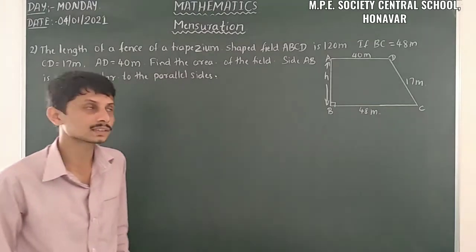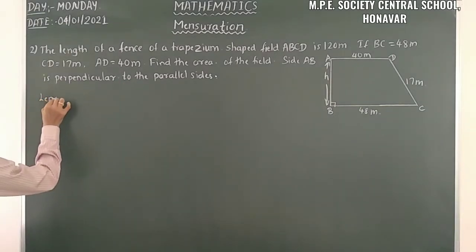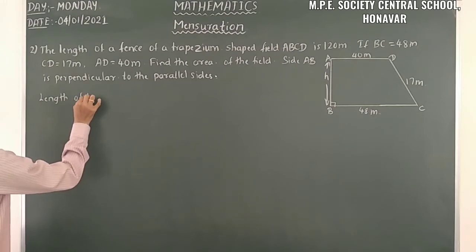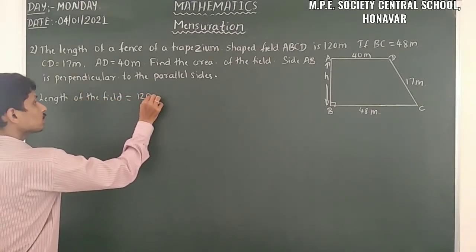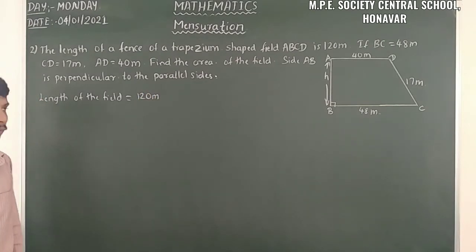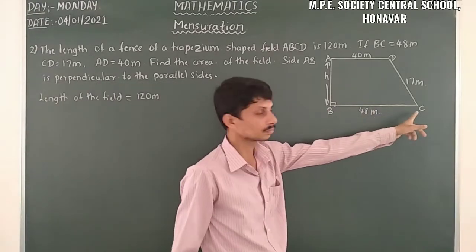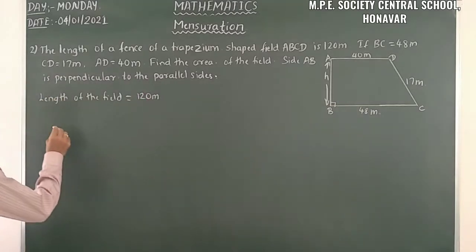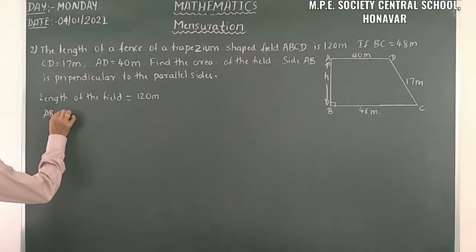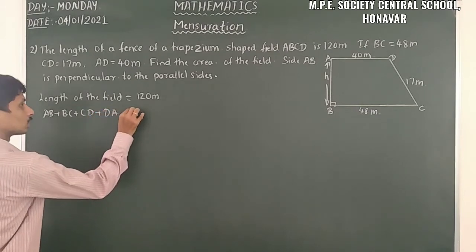Firstly, we have to find out the H. So the length of the fence is equal to 120 meter. It is given, that is the perimeter. So the length of the fence is equal to the sum of AB plus BC plus CD plus DA, is equal to 120 meter.